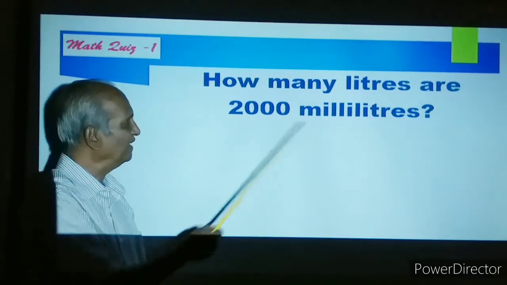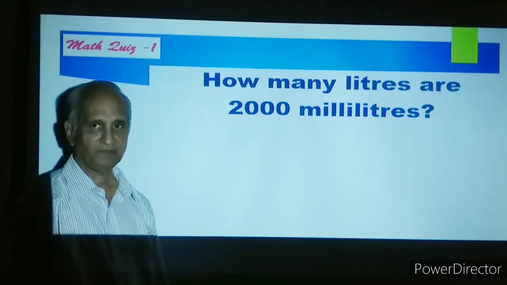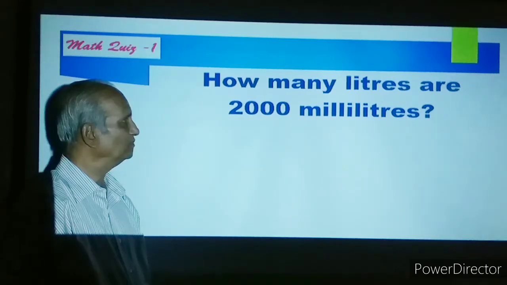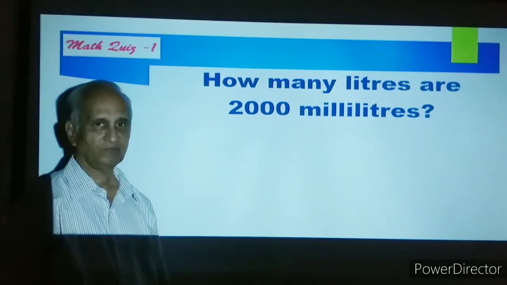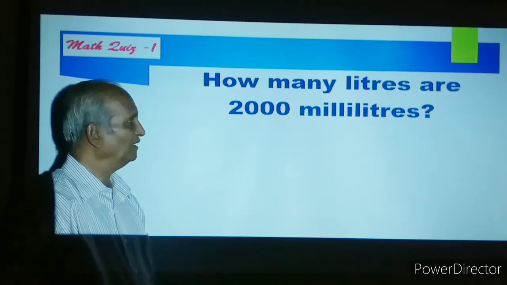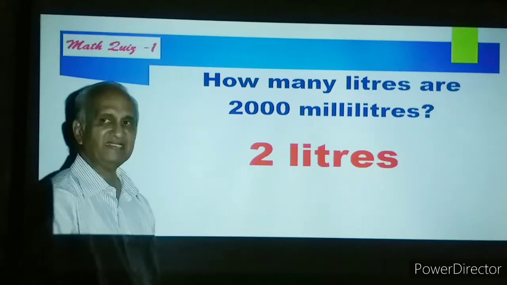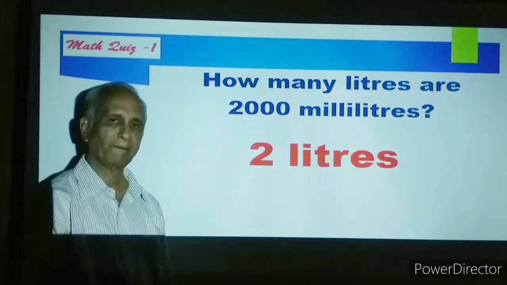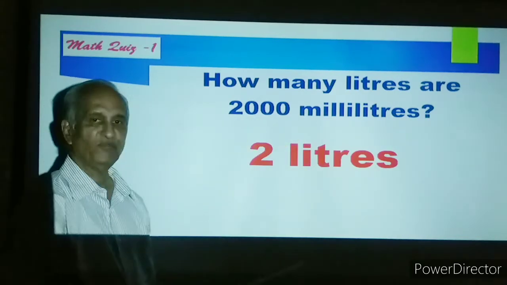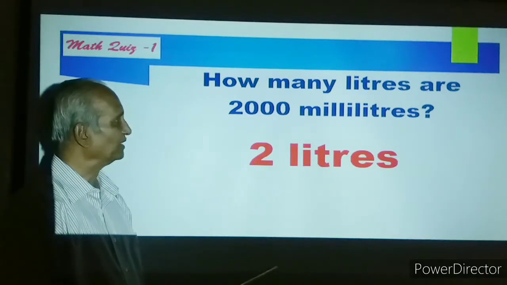How many liters are 2000 milliliters? It's 2 liters. 1000 milliliters make 1 liter. So 2000 milliliters will make 2 liters. Next question.